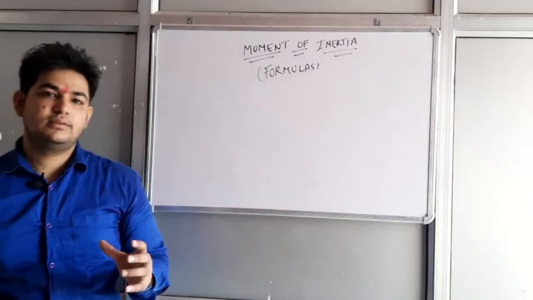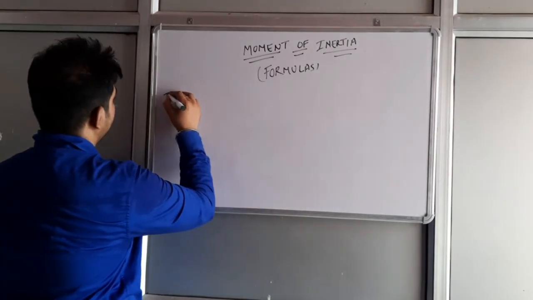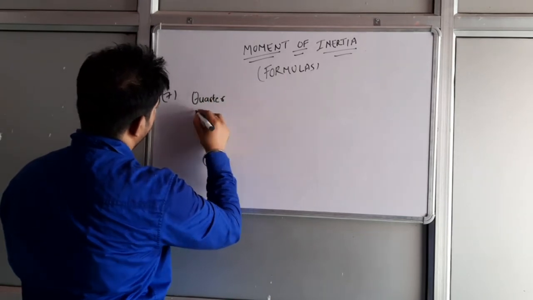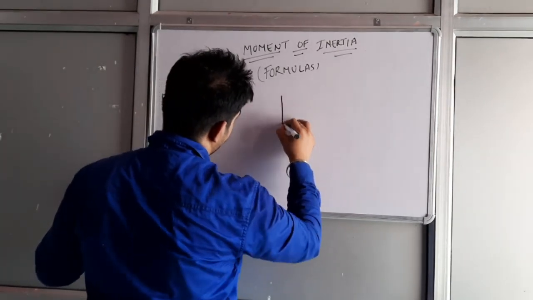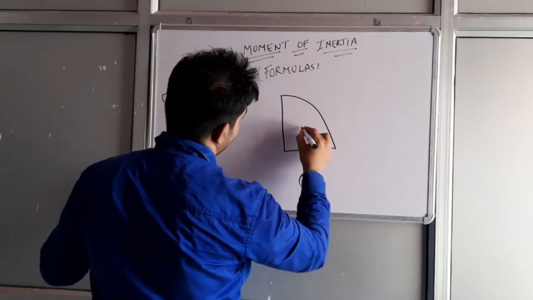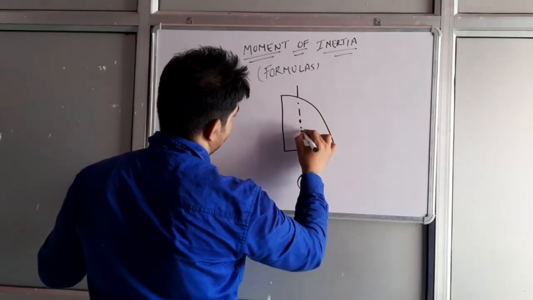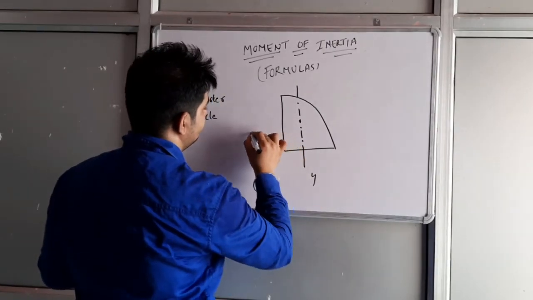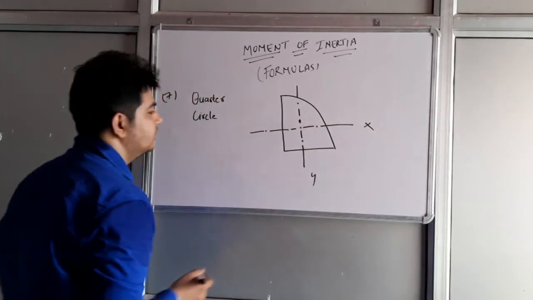So these are the moment of inertia about x-axis and y-axis for semicircle. Now we will discuss the seventh figure, which is quarter circle. Let us draw a quarter circle. This is y-axis. This is x-axis.